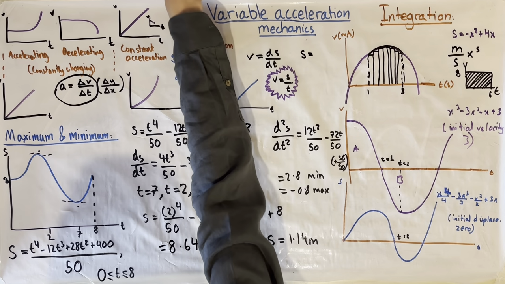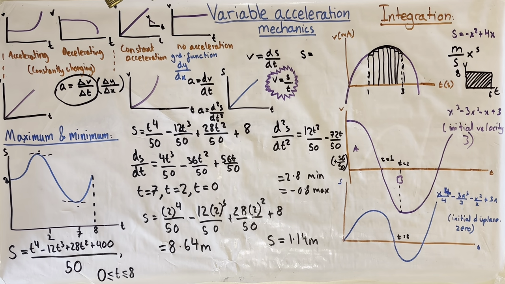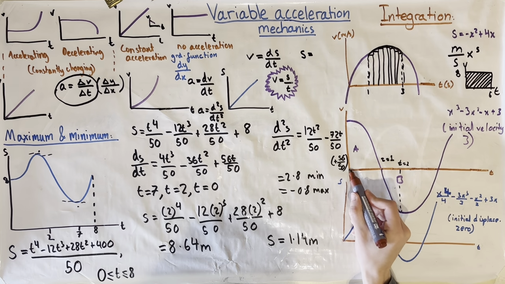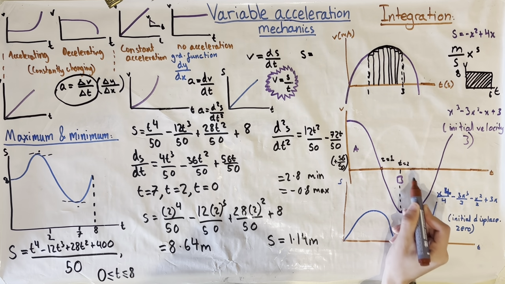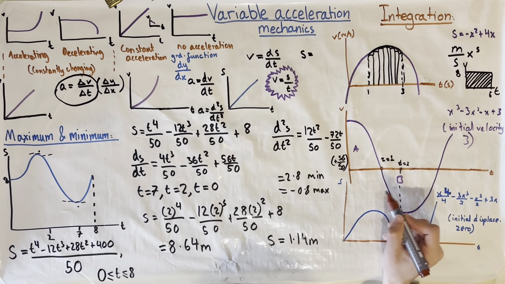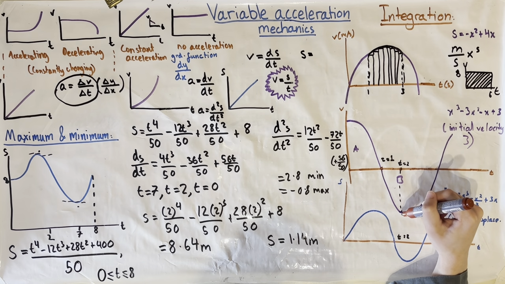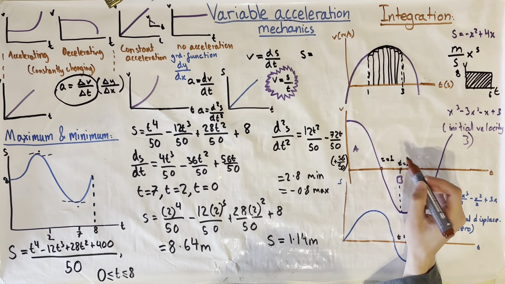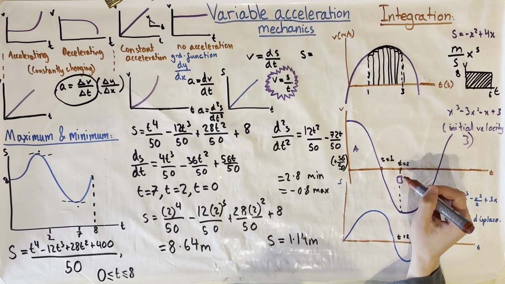Okay, so from the velocity time graph, we need to integrate these parts separately as when we integrated in the last video, because the area here is going to give us a negative value and the area here is going to give us a positive value.